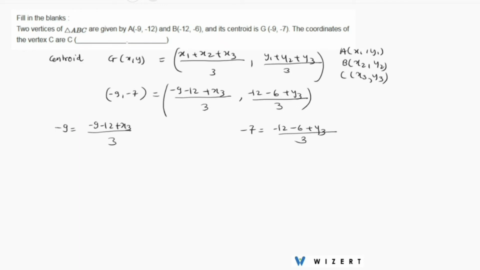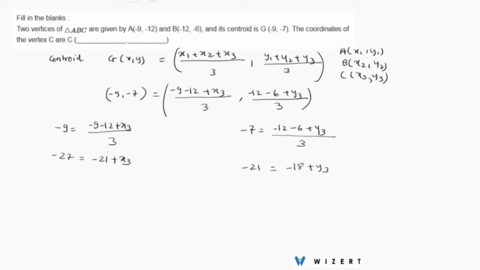So let's see what we have. 9 threes are -27, equal to -9 - 12, which is -21, plus x3. And 7 threes are -21, equal to -12 - 6, which is -18, plus y3.